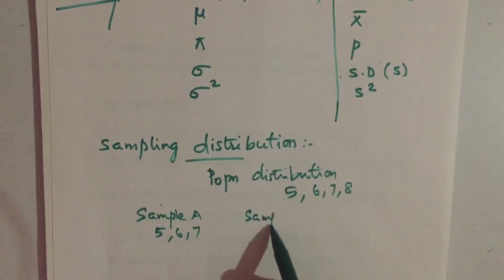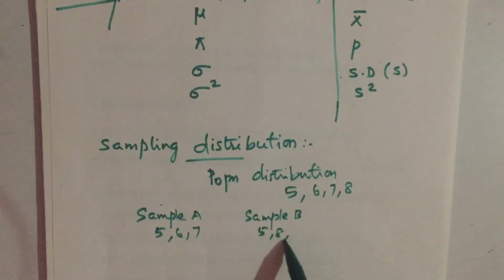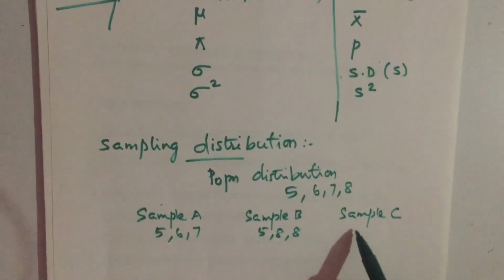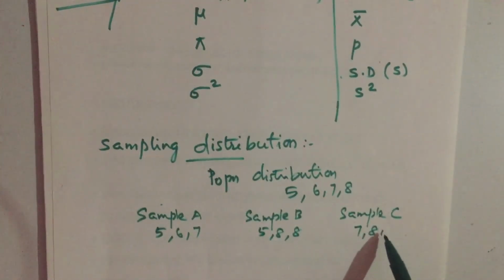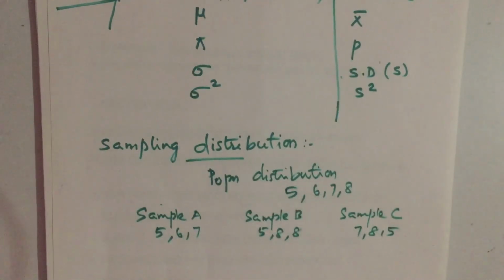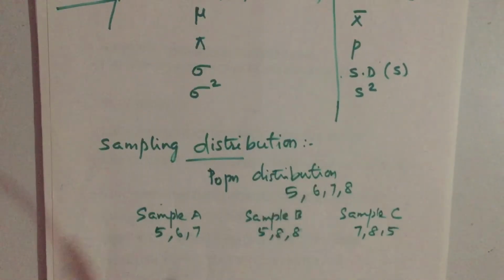Sample B is 5, 8, 8. Sample C is 7, 8, 5. This is the population distribution, 5, 6, 7, 8, and out of that population I am taking some samples. Samples will obviously be of smaller size than the population.